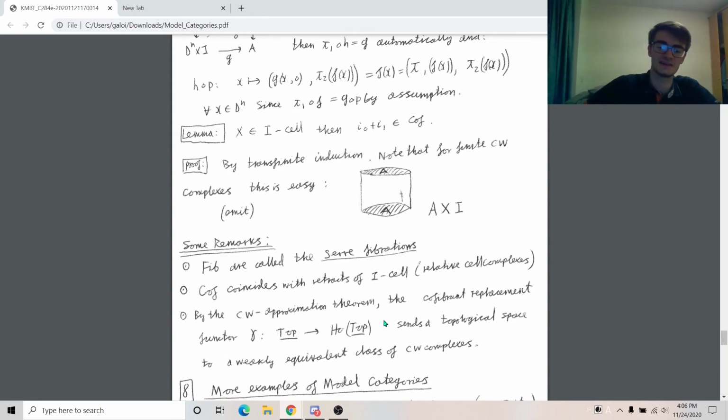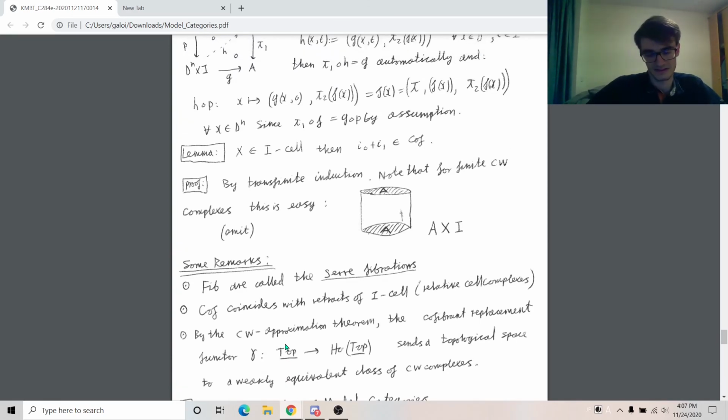And so it will send any topological space to a weakly equivalent class of CW complexes, right? Because weak equivalence in the homotopy category is just a homotopy equivalence. So somehow there are enough CW complexes in Top, and they play a key role in homotopy theory.